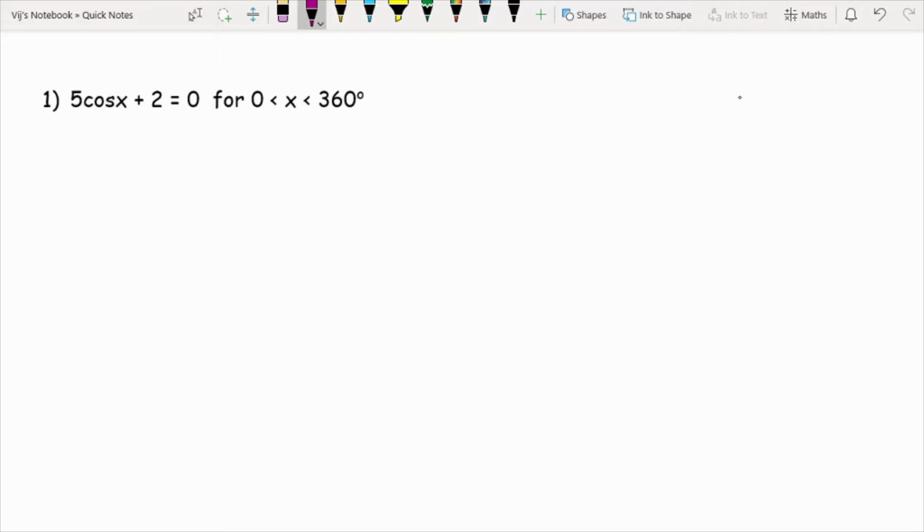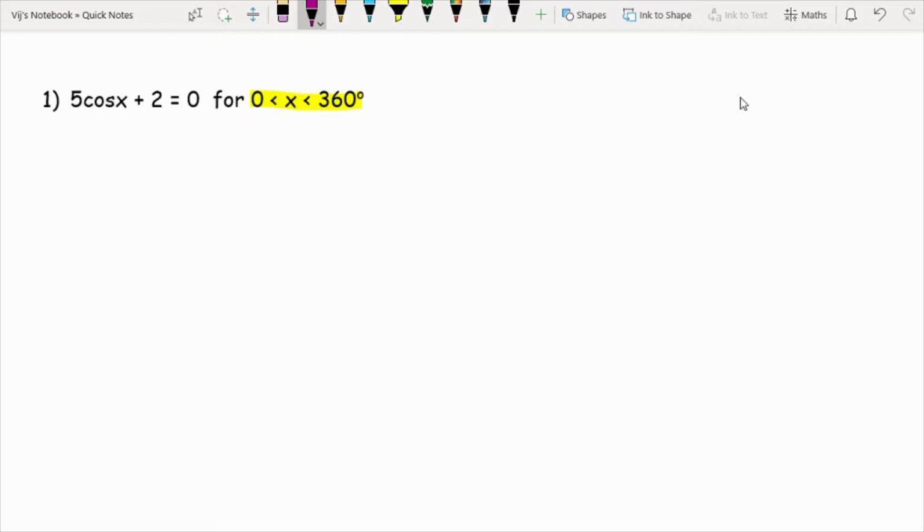So we're going to follow the methods that were shown in the previous video on solving basic trig equations. The first thing we want to do is check what our range of answers is going to be. In this case it's angles from 0 to 360. And as you can see in this particular question we need to make cos x the subject.